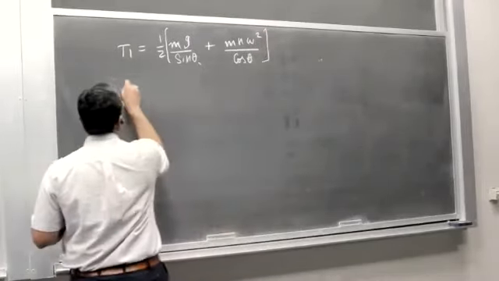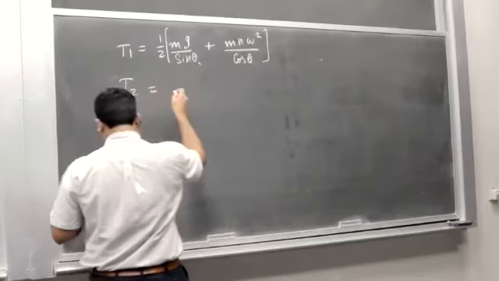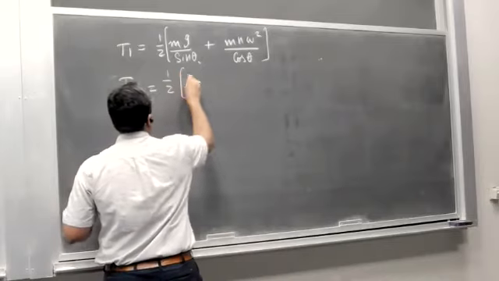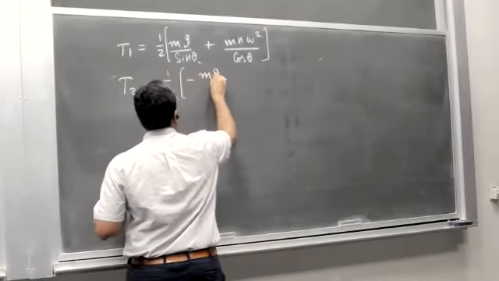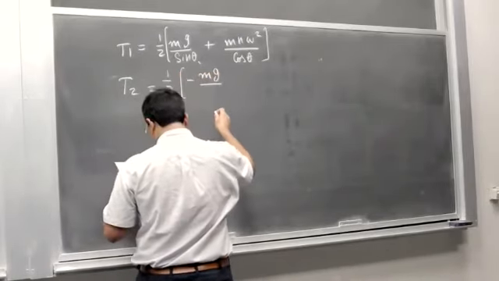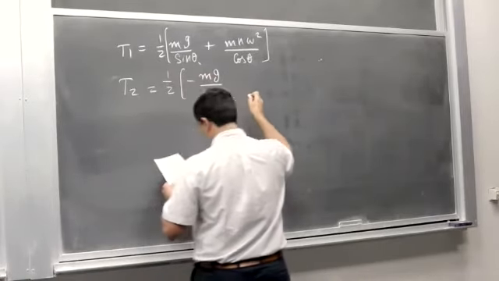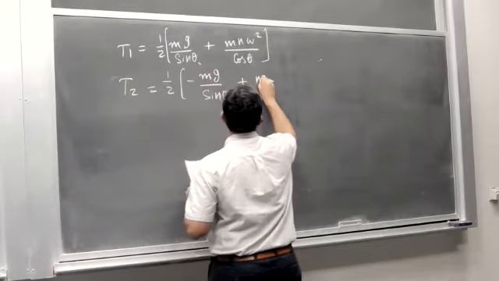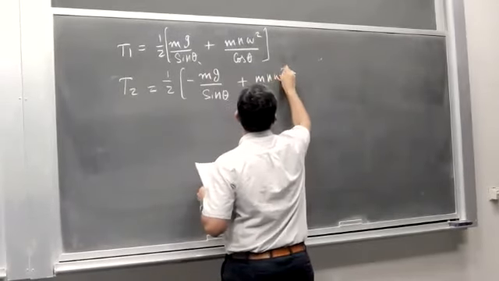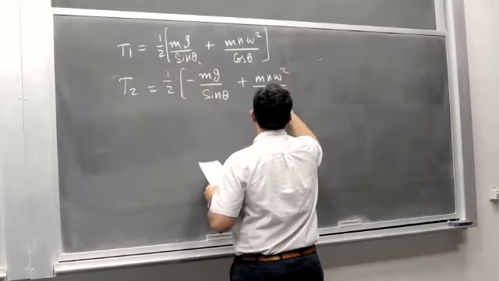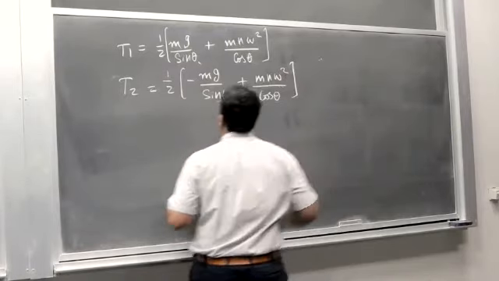And T2 turns out to be half of minus mg over sine theta plus mr omega squared over cosine theta. Right?